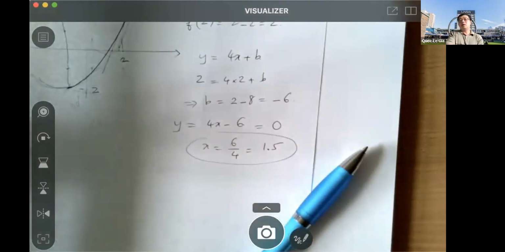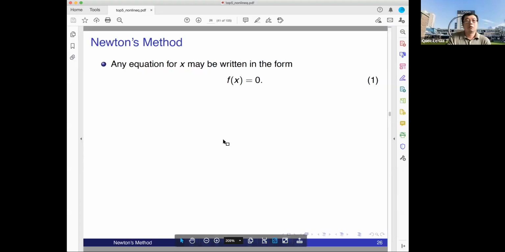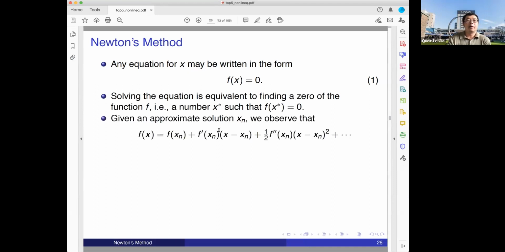And so essentially that is the Newton method. If I go back to the slide, you will see that is the Newton method. So now we try to solve f of x equals 0, right? Use Taylor expansion.